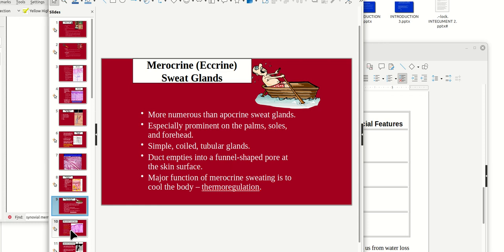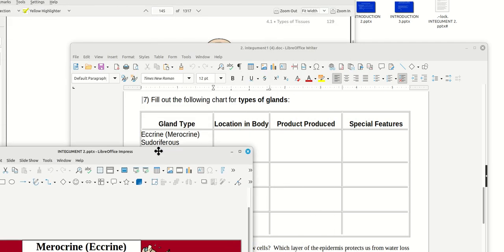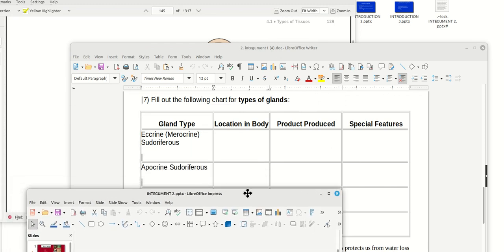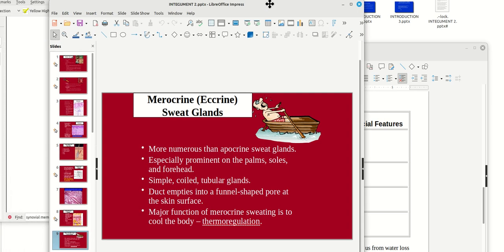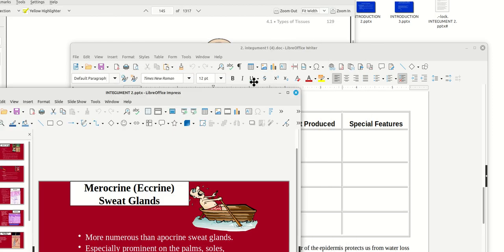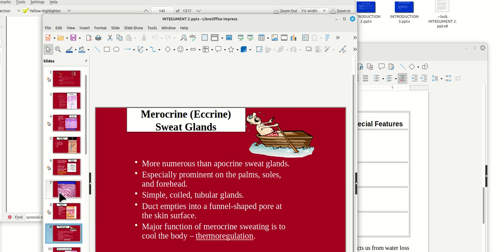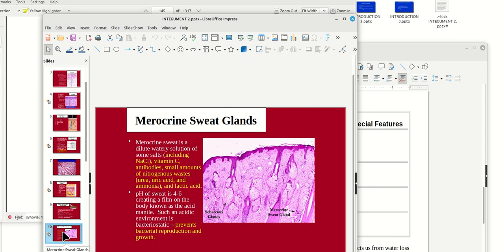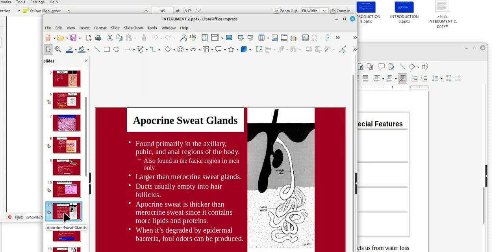You know, that tells you everything you need to know. I don't think there's much more. The product produced, sweat, moisture, however you want to say it. Let's see. Then there's apocrine, and I'm not sure we're going to have. Let's see, apocrine.